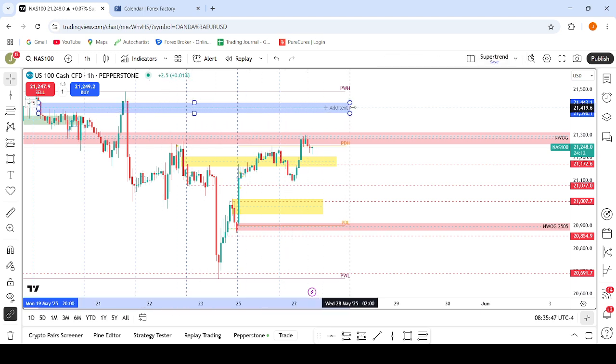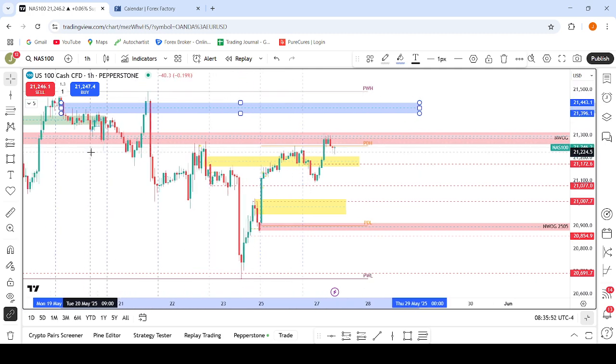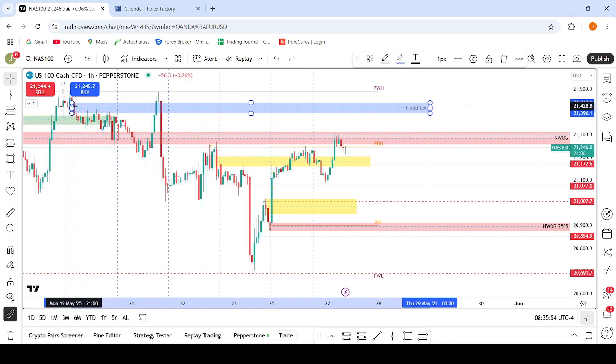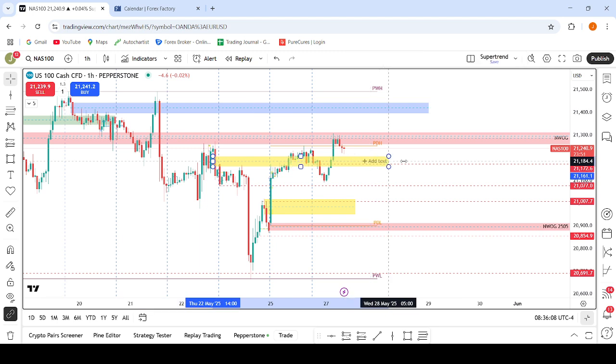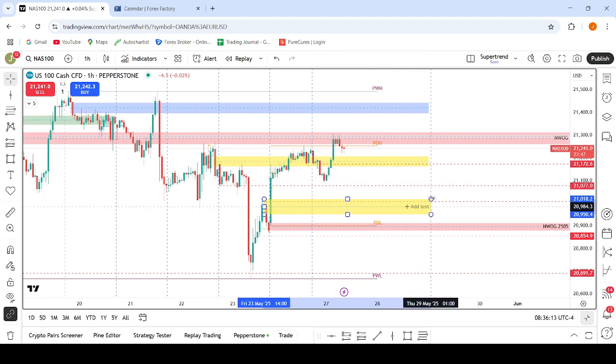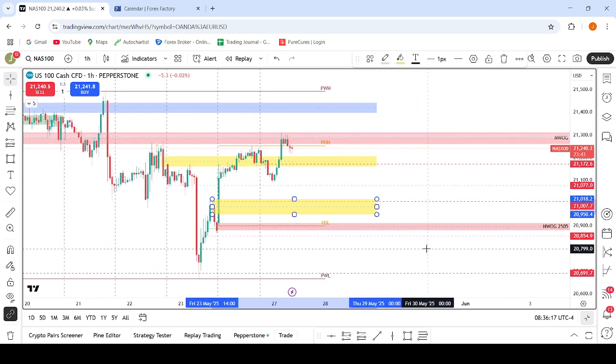Knowing that this is a 1 hour fair value gap or 1 hour busy, knowing if it's a 1 hour or a 1 day or a 15-minute would also help. And maybe that's what I will start to do into the coming weeks, to see if that helps me a little bit more.